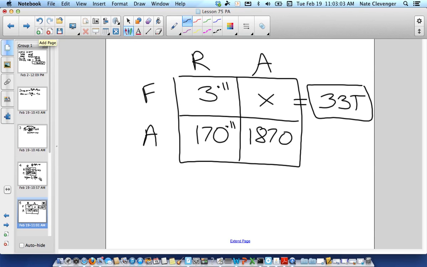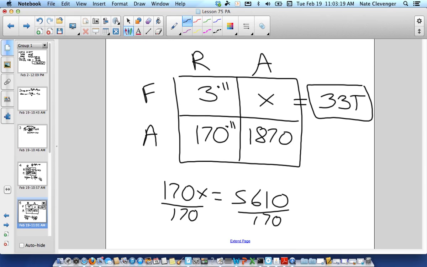If that wasn't as clear for you, then you'd have 170x equals 5,610, divided by 170, and again you could use your calculator. It's still going to give you 33 tons. Okay. So it's not anything that's really new. It's just saying things differently in the problem.